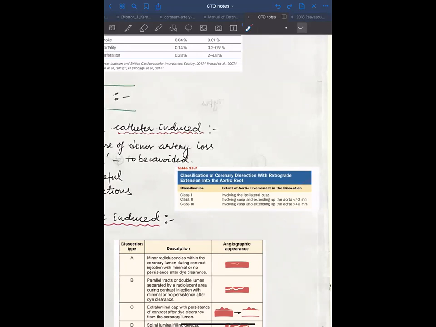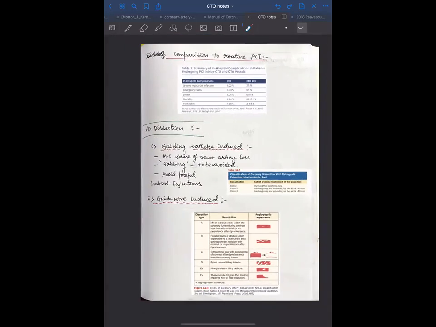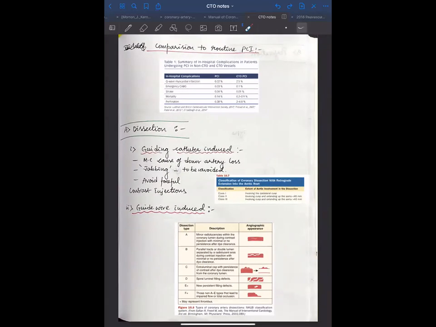The guide induced dissection can be classified as class 1, class 2, class 3. So class 1 is involving the ipsilateral cusp, class 2 is retrograde extension into less than 4 centimeters of aorta, and 3 is more than 4 centimeters of the aorta. And this is the NHLBI classification, which we all are aware of. I'm not going to go into details of this.